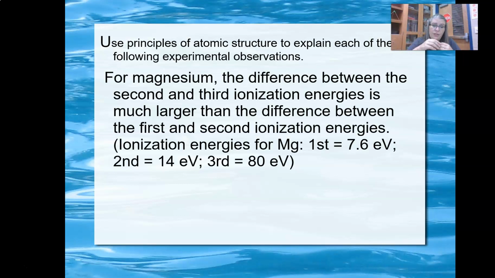And I would suggest that when you think about this one, write out the electron configuration for magnesium. As you see it, it's 1s2, 2s2, 2p6, 3s2. So those first two electrons are coming from the 3s orbital. The third electron would have to come from the 2p6.